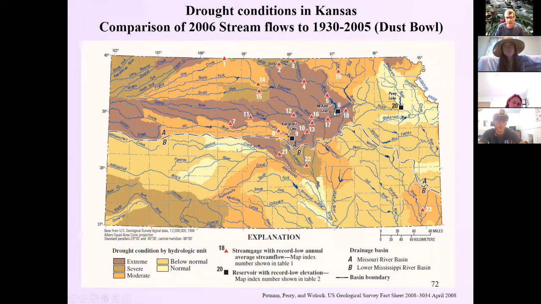And they also do reservoir levels, so record low levels. And the brown areas are extreme drought areas based on that. And severe drought is the less tan areas like this color and this color, and moderate are this. And what we can see is that it looks like from stream flow, there's a lot of drought going on. The rivers are really low in a big portion of Kansas.